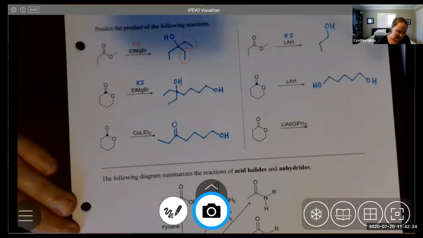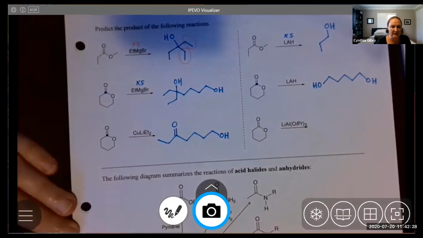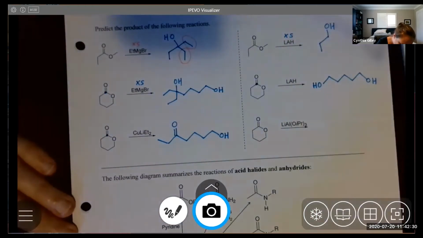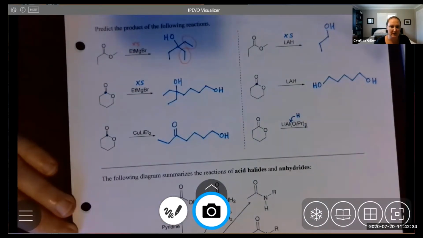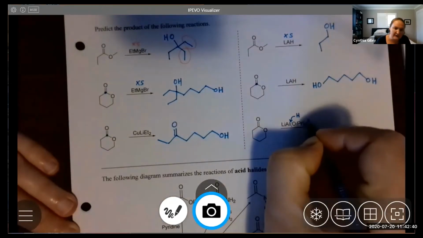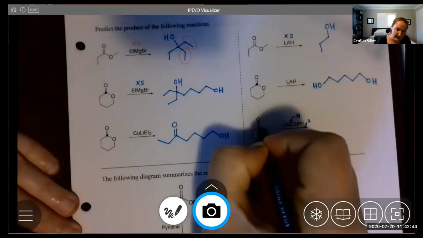And then remember that this one provides the aldehydes. This is the bulky aluminum. Oh, you forgot the hydride in there. A little bit of an error. It's supposed to be aluminum hydride with 2 isopropoxy groups. Anyway, we're going to make an aldehyde here, right?